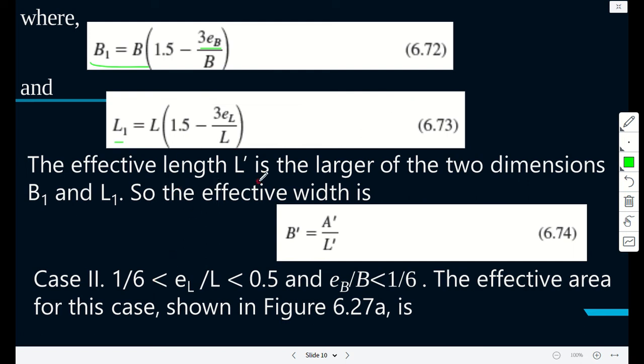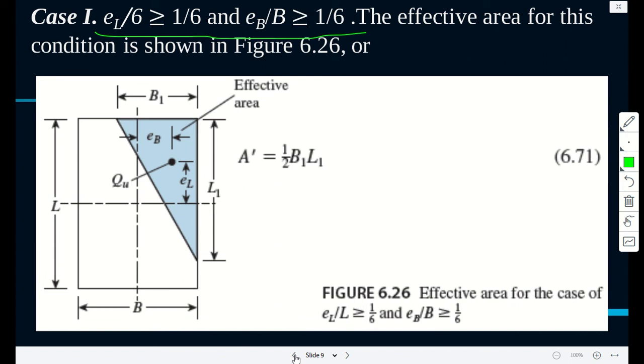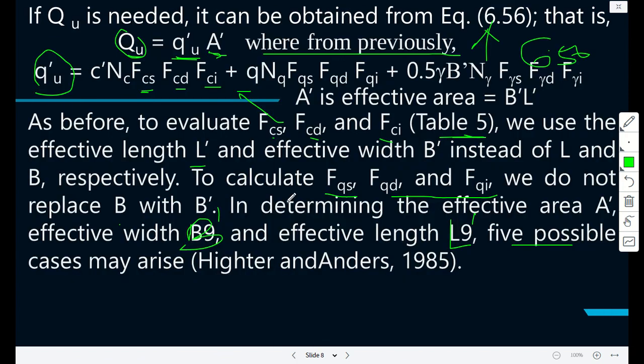The effective length L prime is the larger of the two dimensions B1 and L1, and the effective width is A over L prime. To get the bearing capacity, you need the values of B prime and L prime.